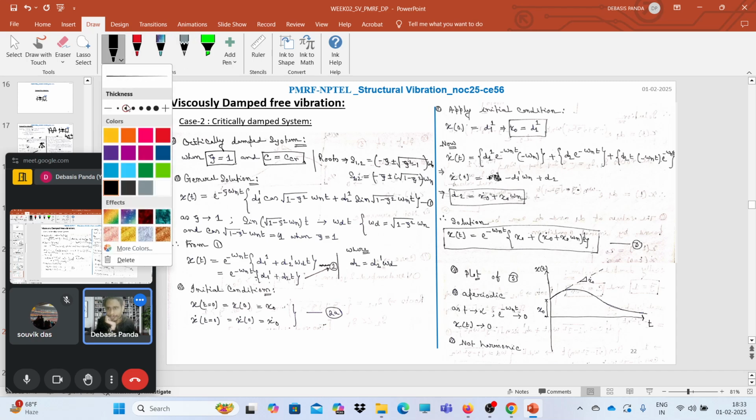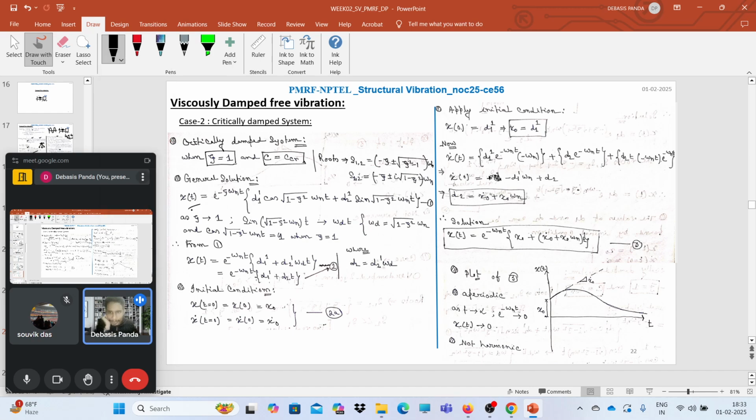Now, for this case, if we simplify the roots, this is the general solution that I have written here: x(t) equals e to the power minus zeta omega n t (D1 dash cos ... plus D2 dash sin ...). I have considered the constants as D1 dash and D2 dash, using a different notation; you can use A, B, C, D or any other notation.